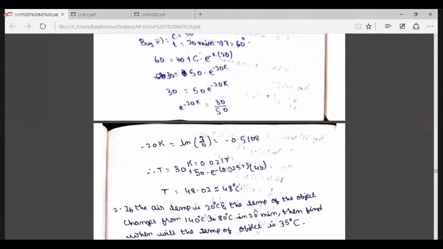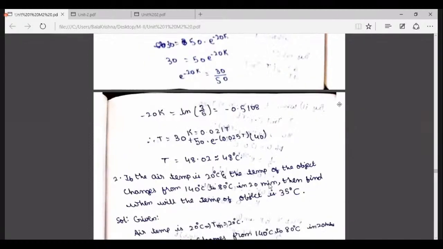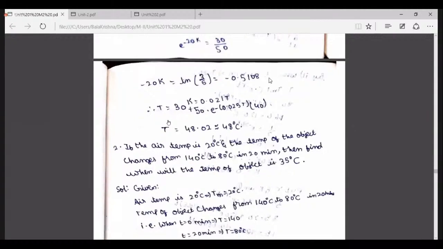So that formula will be T is equal to temperature in the medium plus C into e power minus k into t. Use that and the given conditions: with the initial condition you will get the C value, and with the second condition and C value you will get the k value. Substitute that, so that you will get the answer. So this is about Newton's law of cooling.